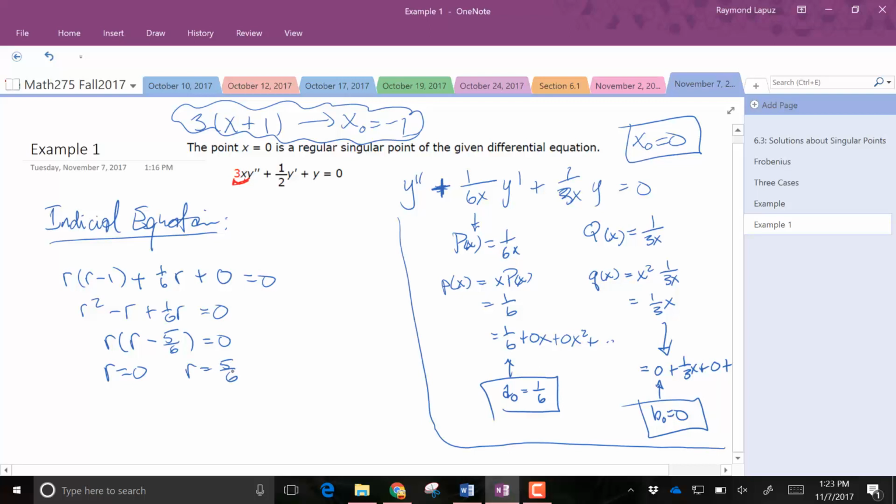And the difference between them is not equal to 1. Let's call these R1 and R2. They're distinct real number solutions, and R1 minus R2 equals -5/6, which is not an integer.